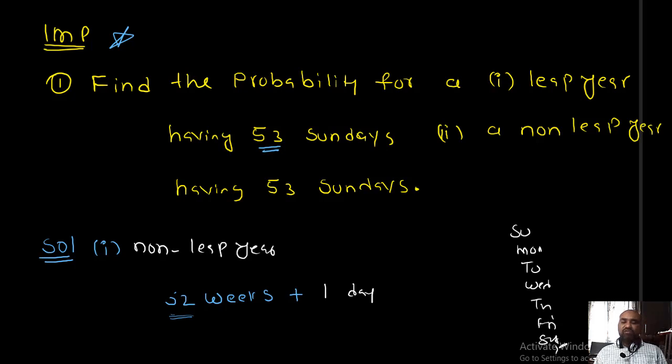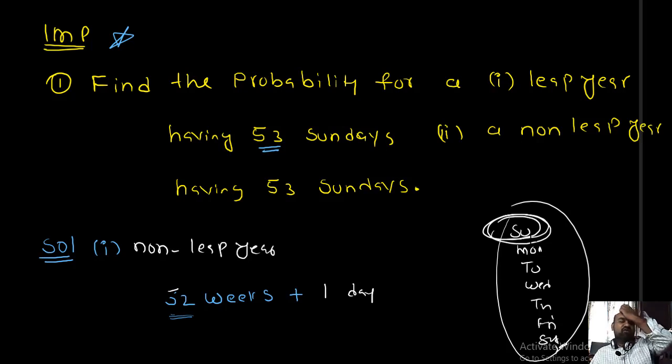So 52 Sundays are completed. Another Sunday should be chosen from these 7. Only one possibility. The favorable outcomes are 1 and total outcomes are 7. So 1 by 7 is the required probability.